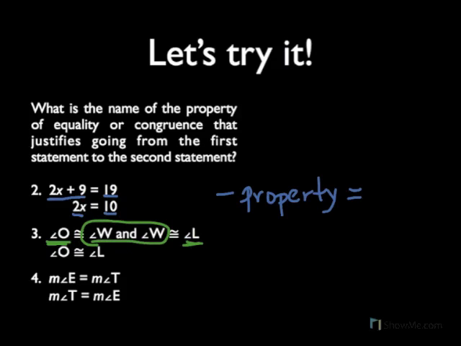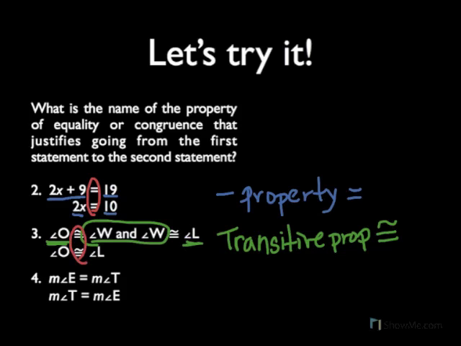It's the law of syllogism, but in this case we know that as the transitive property of congruence. Notice how I put the congruence symbol to indicate that it is a property of congruence. A lot of students ask me, how can you tell which one it is? Well, this is going to be a property of equality. This is going to be a property of congruence. No trick to that, really.